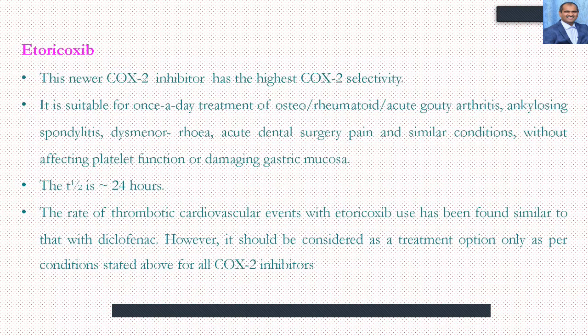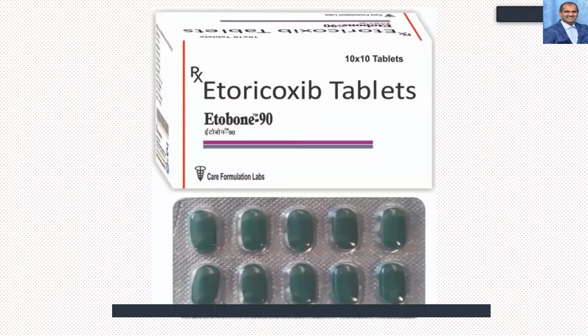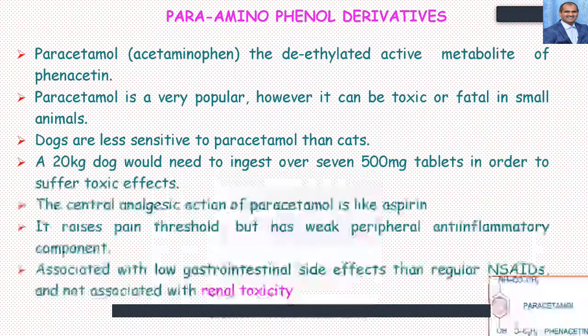So it should be considered as a treatment option only as per the contraindications stated above for COX-2 inhibitors. Wherever there is a severe gastric problem, only then these drugs need to be used. Etoricoxib is available as 90 milligram tablets in blisters.